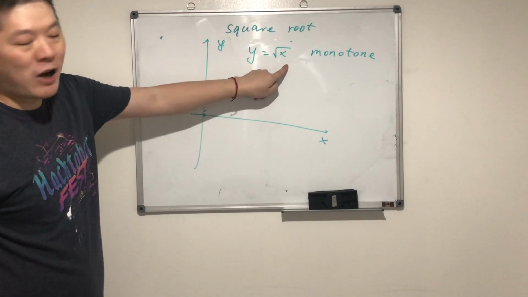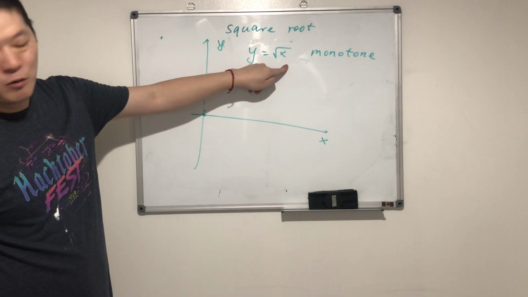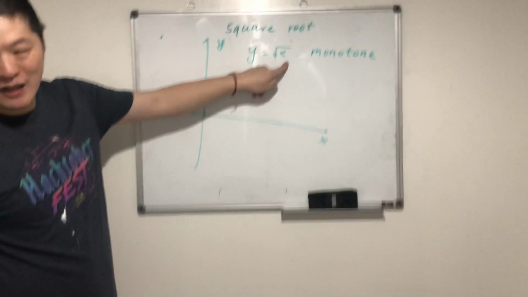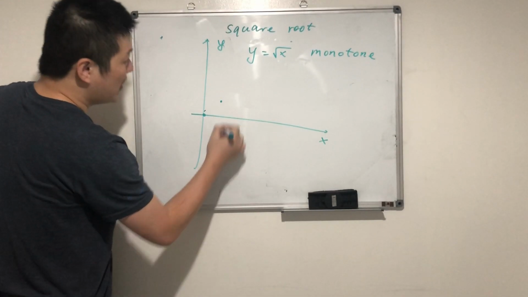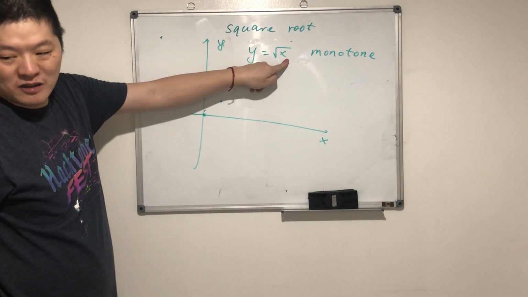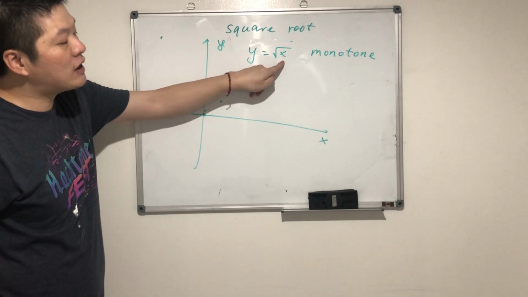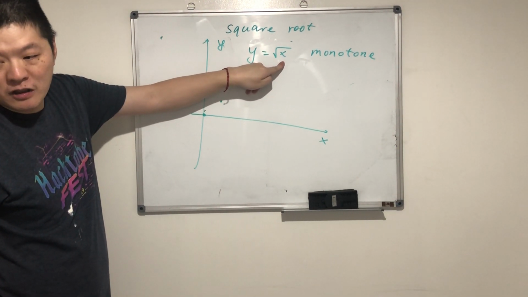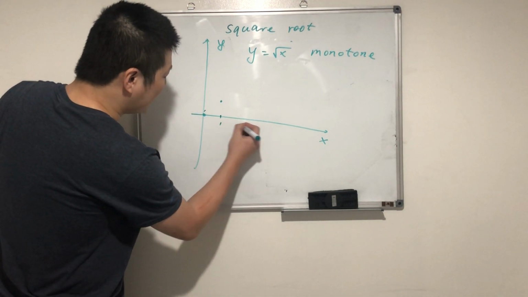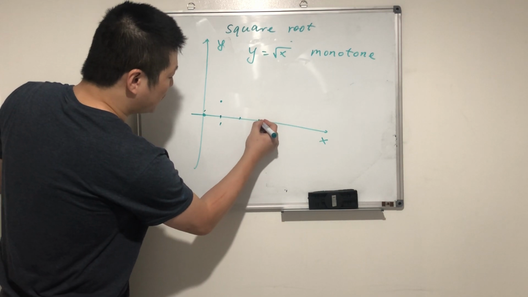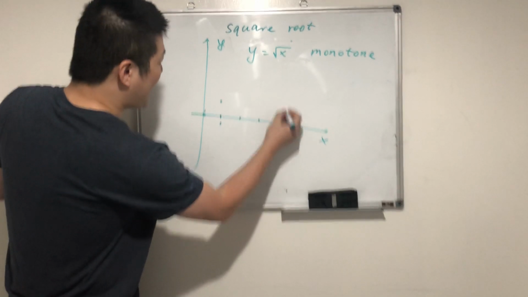When x is 1, y is what? The square root of 1 is 1. When x is 4, the square root of 4 is 2. So this is 1, 2, 3, 4. Here at 4, there will be 2.